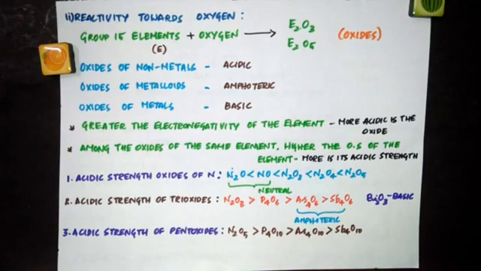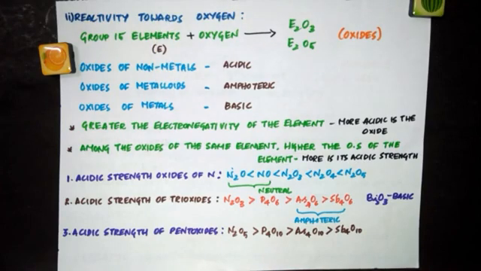Regarding oxides, you should know the acidic strength. To understand and arrange these oxides in the order of their acidic strength, you should understand some basic properties. You know nonmetals, metalloids and metals.